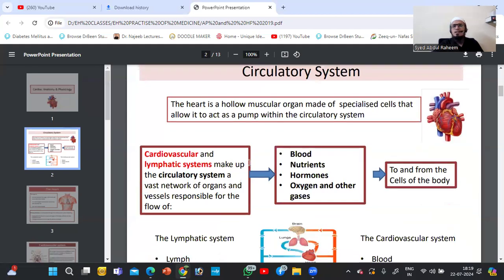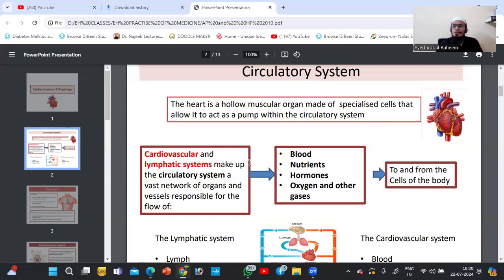Basically, every cell needs two things: oxygen and energy. Then only will they function. So the heart is the pumping organ.